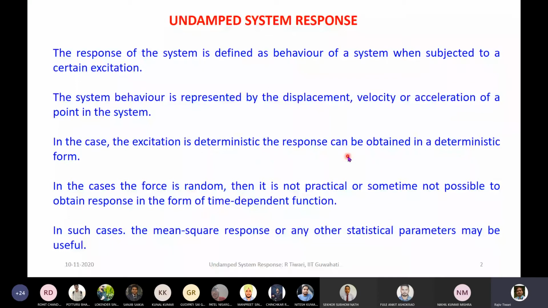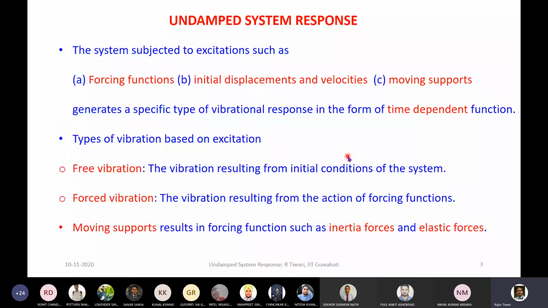When we are talking about deterministic force, we can have another subcategory of the force. One is the forcing function, which is something like an external force. Another is the initial disturbance in the form of displacement or velocity, like if we are hammering a particular structure, that is some kind of velocity we are imparting at the point of hammering.